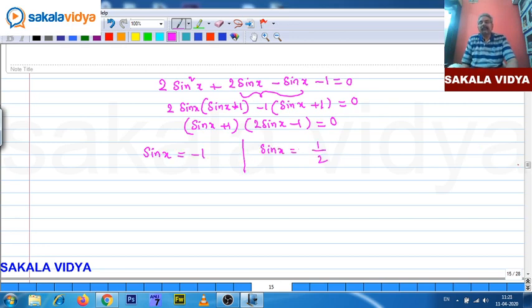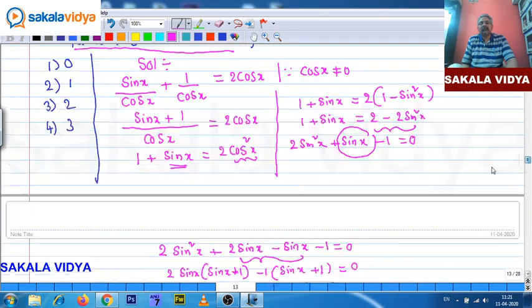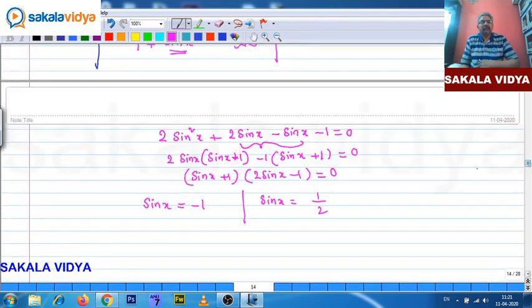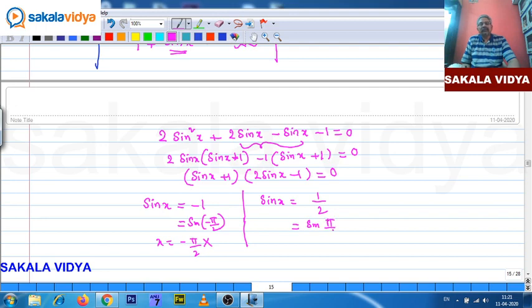But according to the problem, you check it. The solution must belong to 0 comma 2 pi. So here, sin x equals minus 1 gives x equal to minus pi by 2, which is neglected; only sin x is equal to 1 by 2. This we can write as sin x is equal to sin 30 degrees, that is pi by 6.